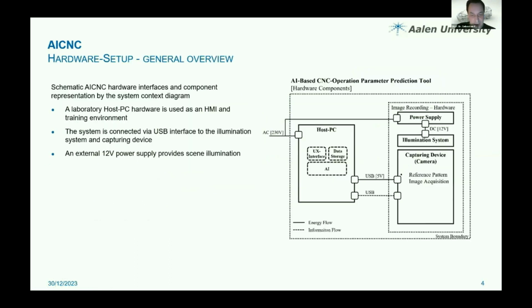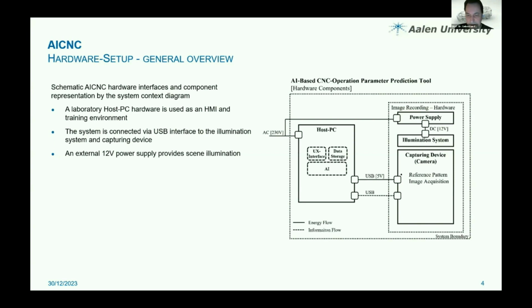Here you see a little context diagram of the system setup. Also, we have in general a host. On the host, there's an instance of our app running, and the app has a user interface, some data storage algorithm, and of course the neural network structure included.